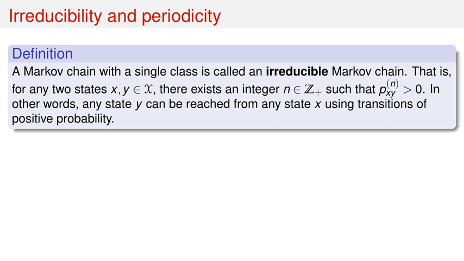This means that for any two states x and y in the state space script X, there exists some non-negative integer n such that the n-step transition probability P sub xy superscript n is greater than 0. In simpler terms, in an irreducible Markov chain, any state y can be reached from any state x through a sequence of transitions that all have positive probability.